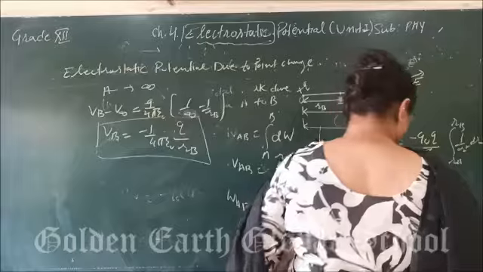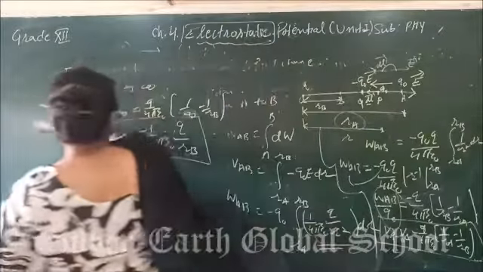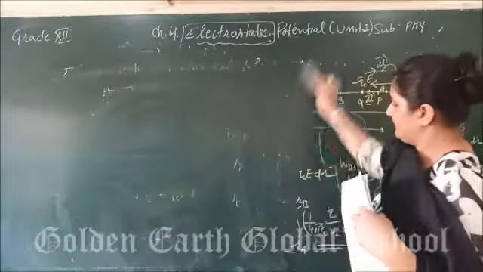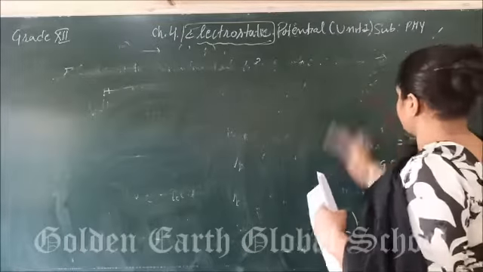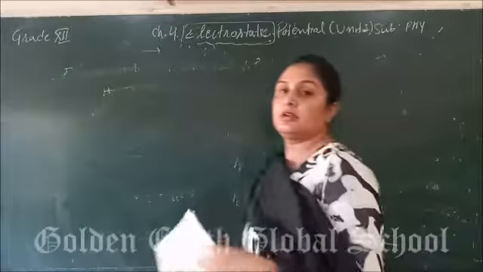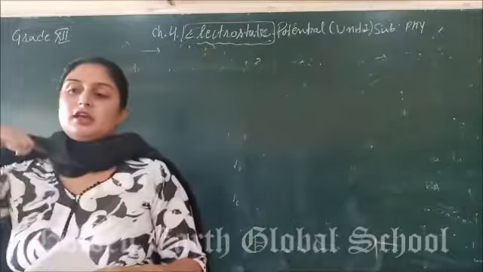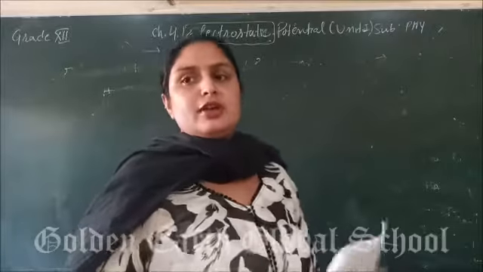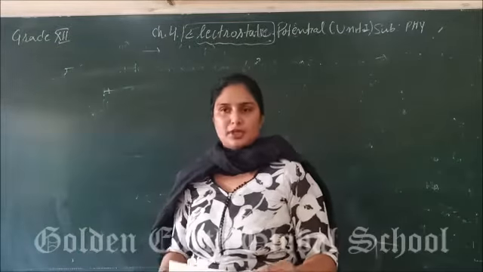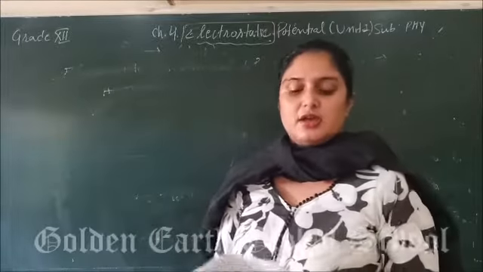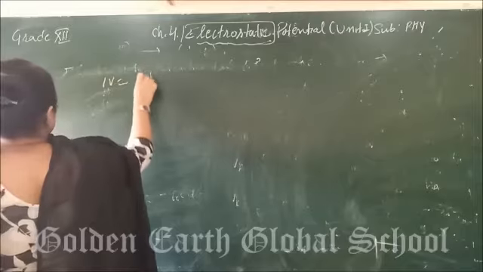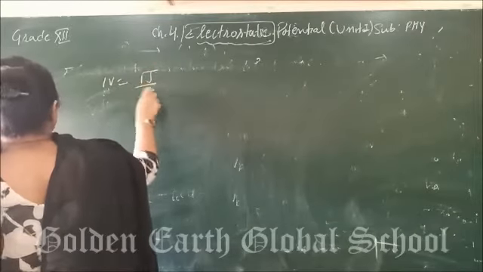Now next come to the units for the electrostatic potential difference and the potential. In the SI system, potential, all of you know, is measured in the volt. Similarly, potential difference is also measured in volts. Now we are going to define 1 volt. 1 volt will be equal to 1 joule upon 1 coulomb.